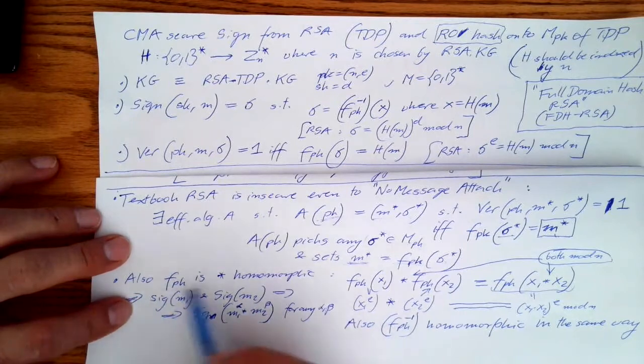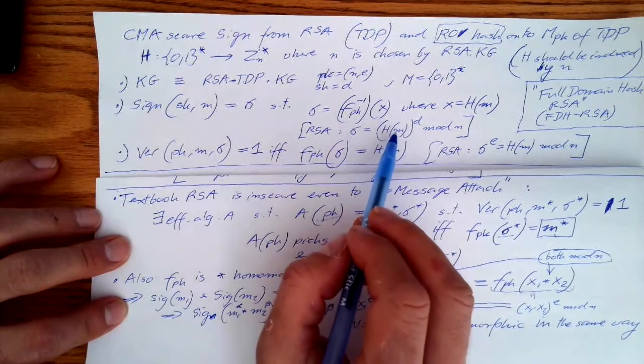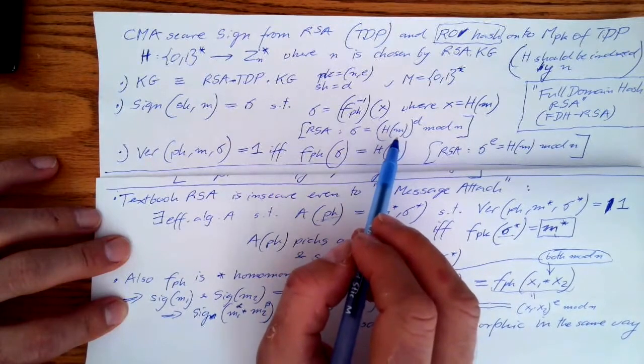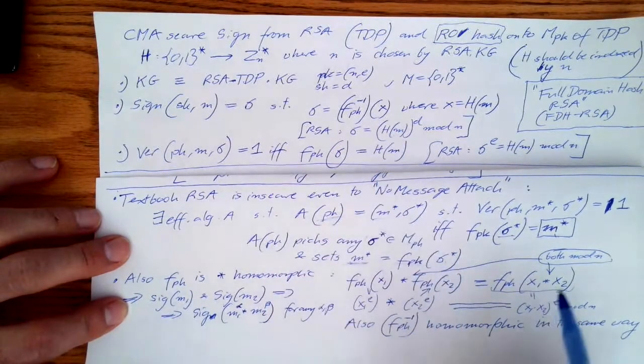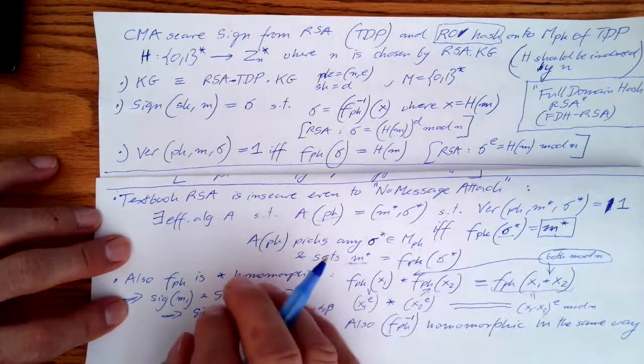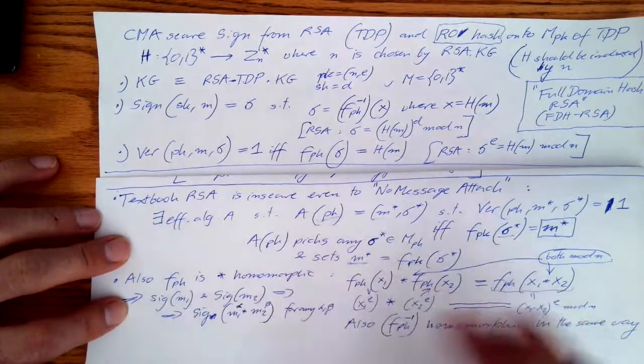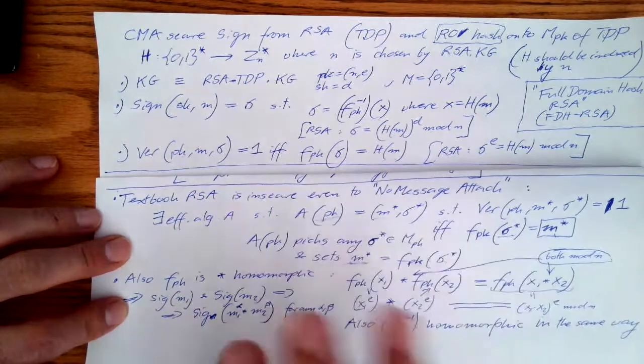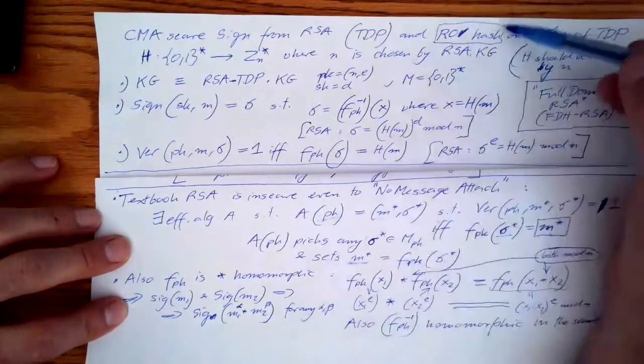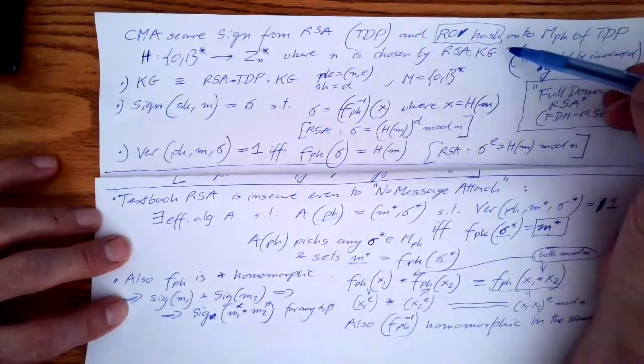So what you're going to get by multiplying the two is the inverse applied to hash of M1 times hash of M2. But that basically has nothing to do with the hash of M1 times M2, right? So the hash of M1, hash of M2, and the hash of some sort of combination of M1 and M2 are no longer related if the hashes are random.